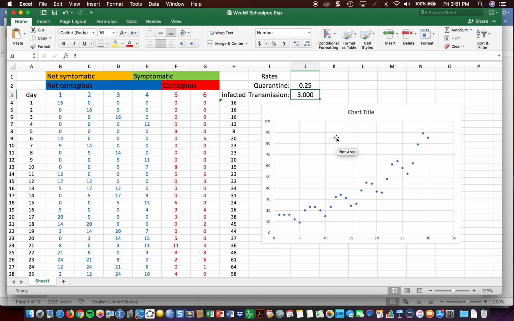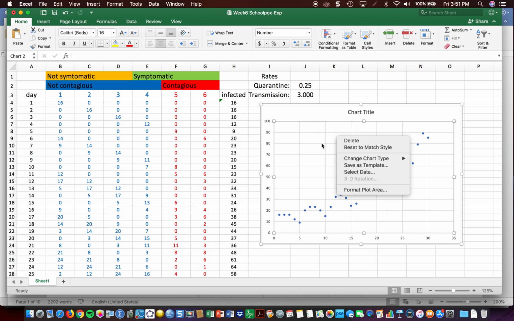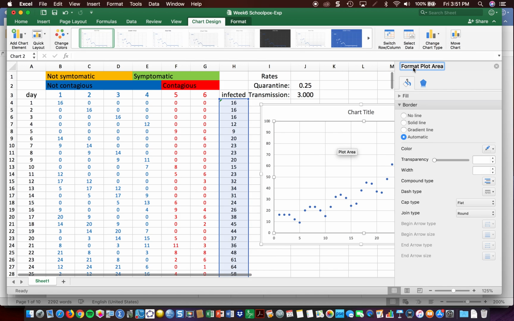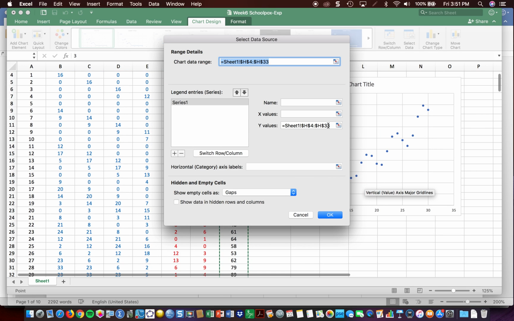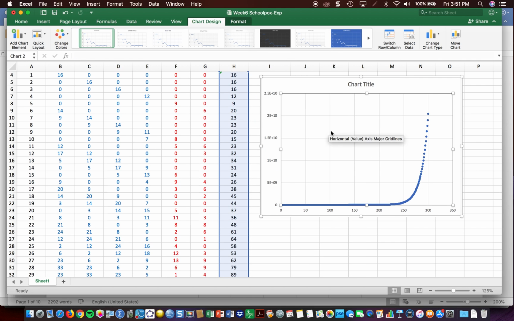I also thought it might be beneficial to look at what happens maybe over a longer period of time. And so if I change the data here, I know that this goes up to row 303 is what I have set up. And you can then see the general trend that after a while, this thing is just going to blow up.